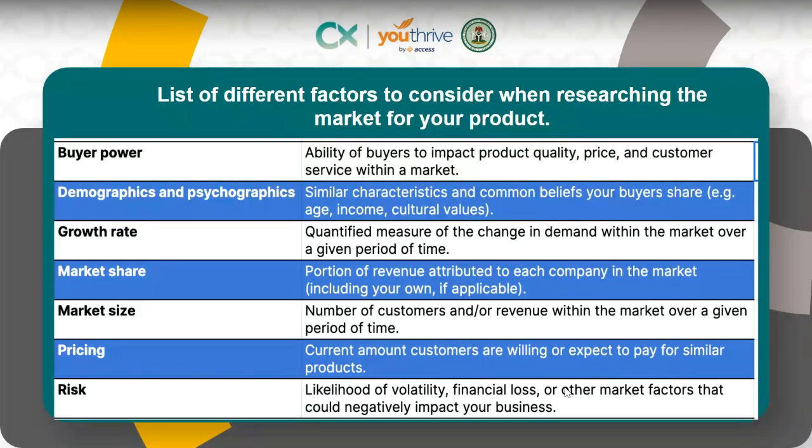All right. We look at the pricing, the amount customers are willing or expect to pay for similar products. And risk, in terms of likelihood of volatility, financial loss, and market factors that could negatively impact your business. So these 7 things listed here are very important factors you need to consider when researching your market for your product.